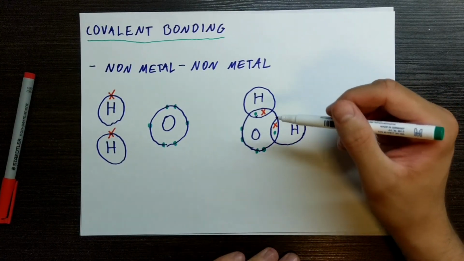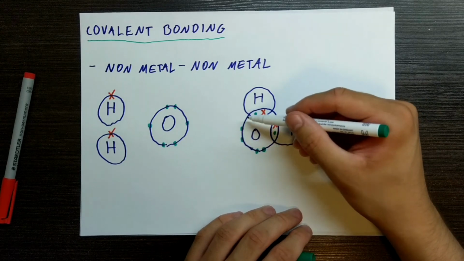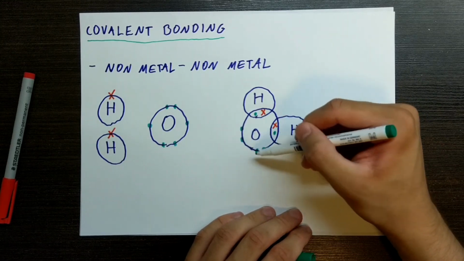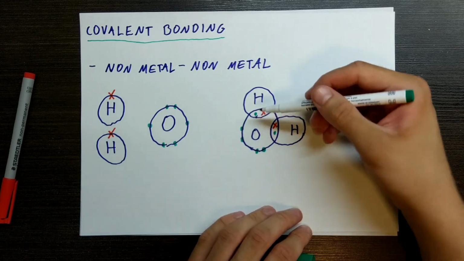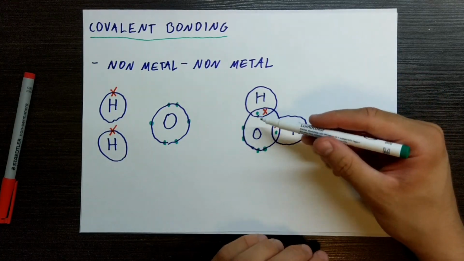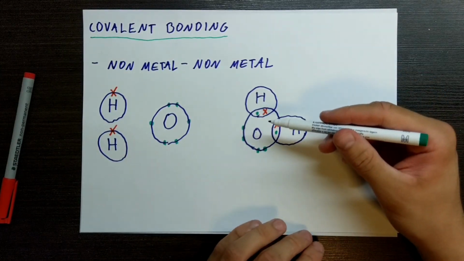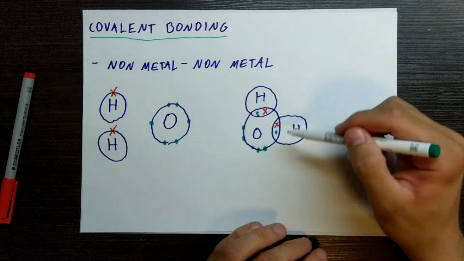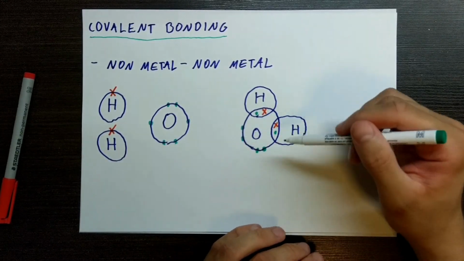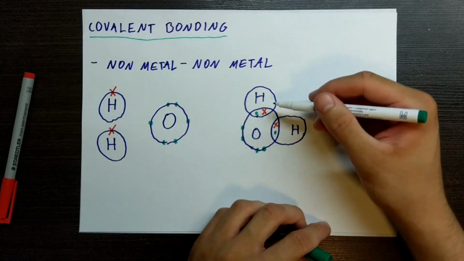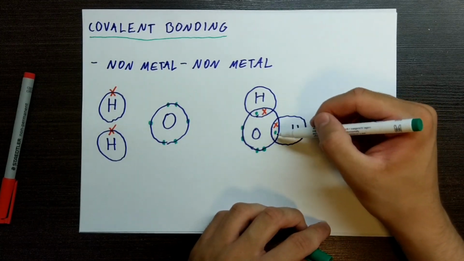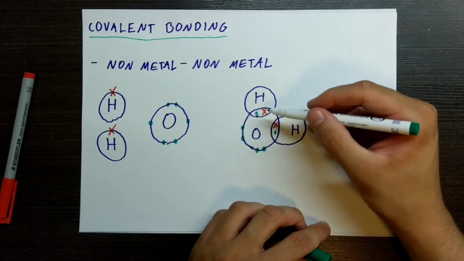Okay, so now let's see what's happening. For oxygen we have 1, 2, 3, 4, 5, 6, 7, 8. We have 8 electrons in the oxygen outer shell. So oxygen is happy now because it has a full outer shell. And hydrogens are happy too because they have two electrons in their outer shell each.